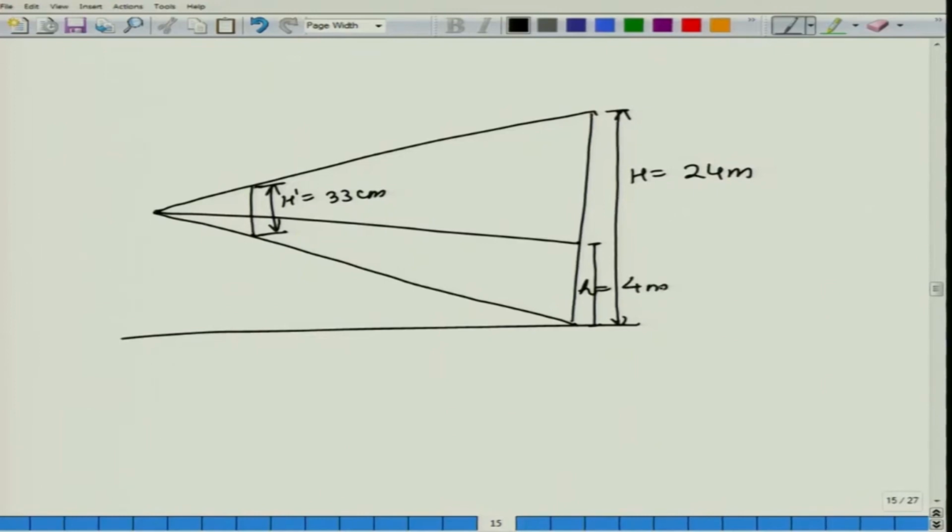So, it is not 3.6 in this case, it is 4 meters.